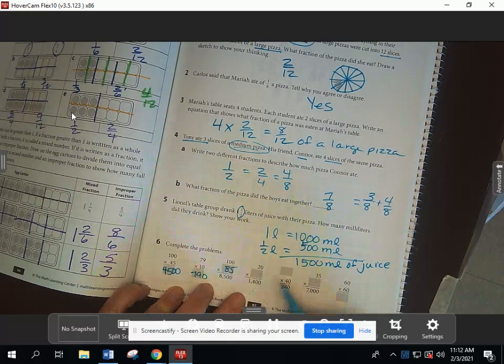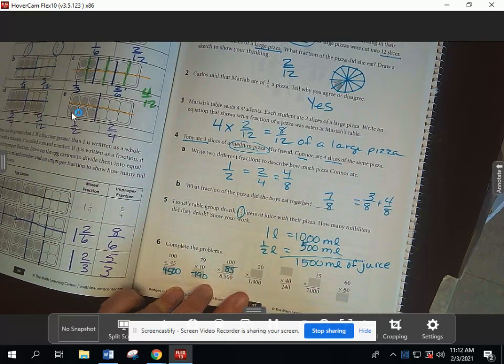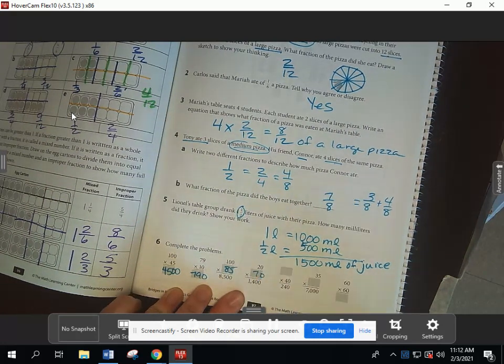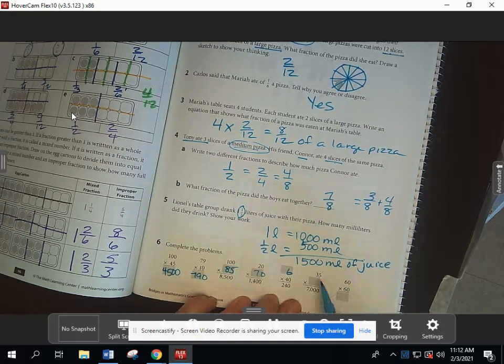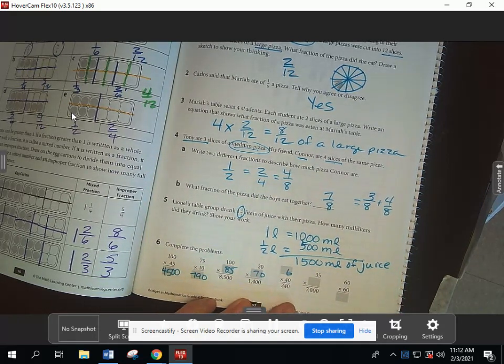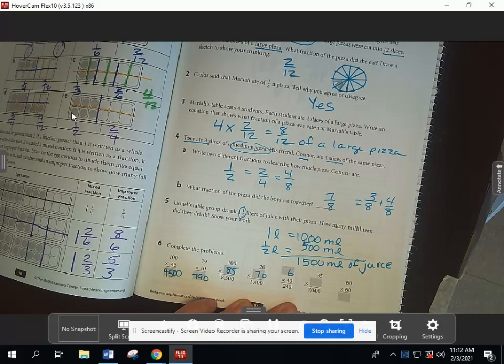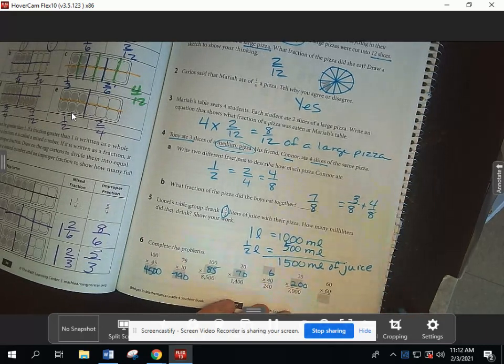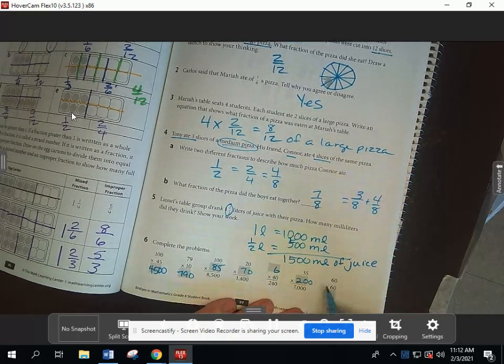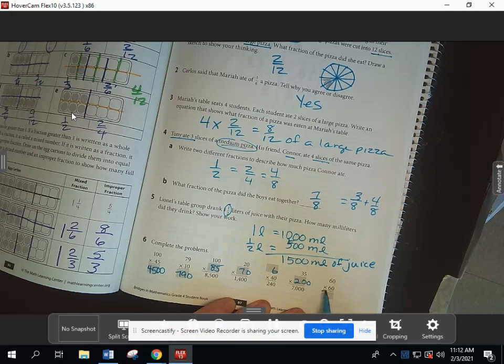Okay. 20 times something is 1,400. 70. Okay. Something times 40 equals 240. 35 times something is 7,000. 60 times 60.